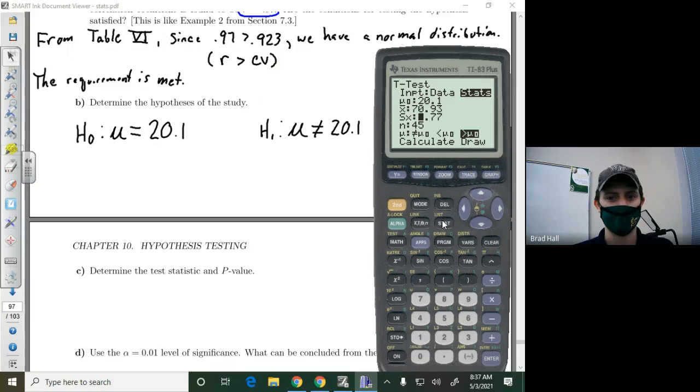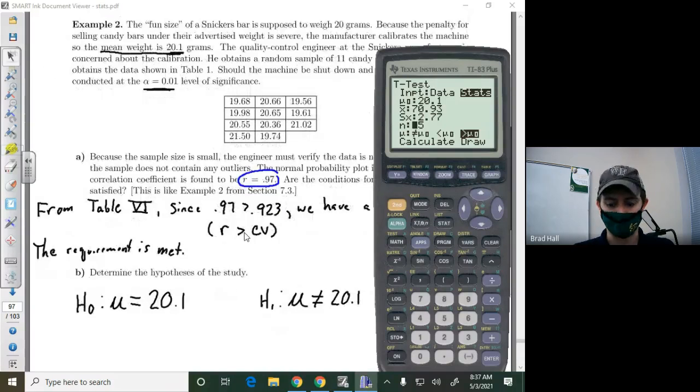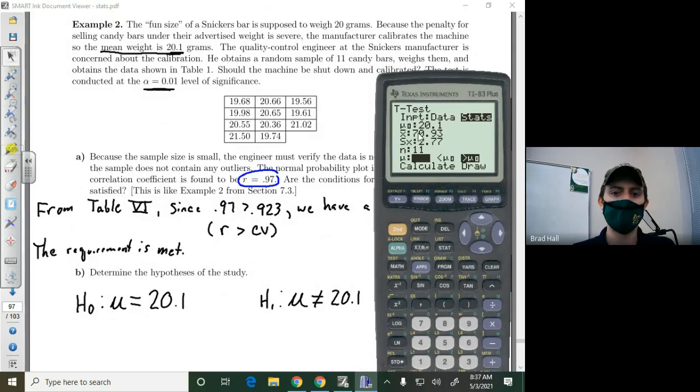What's the sample mean? What's the standard deviation? I know that there's 11 of these. There's 11 data points here. What's the mean? What's the standard deviation? Wait a minute, we can just figure it out right fast. We know how to find the mean and the standard deviation of a data set.